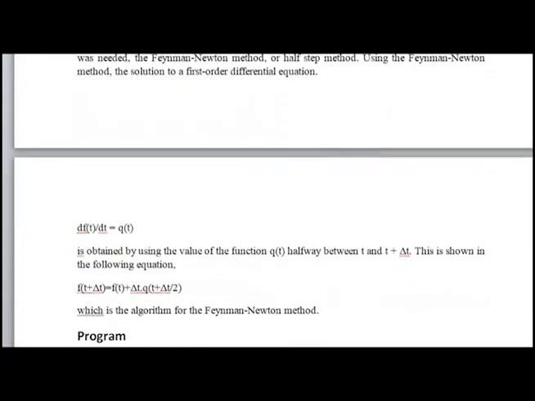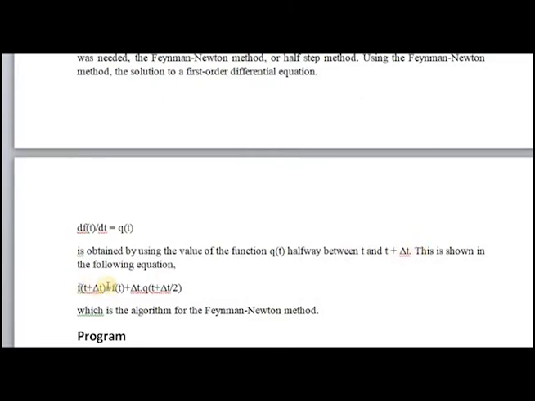Here, it is actually also known as the half interval method. If we have a function f of t such that the derivative of the function is represented as q of t, then the value of the function at a time interval delta t later is obtained by using the value of q of t halfway between t and t plus delta t.